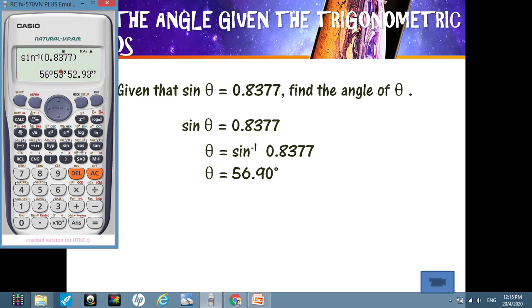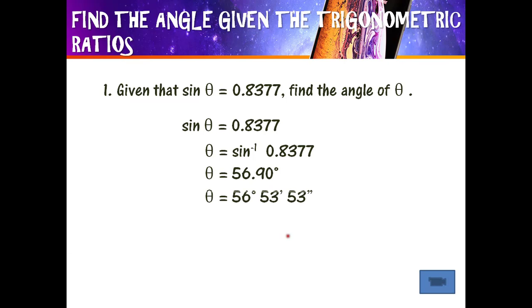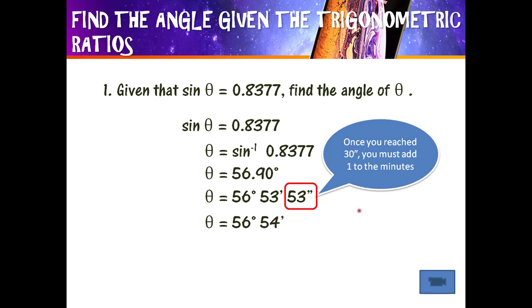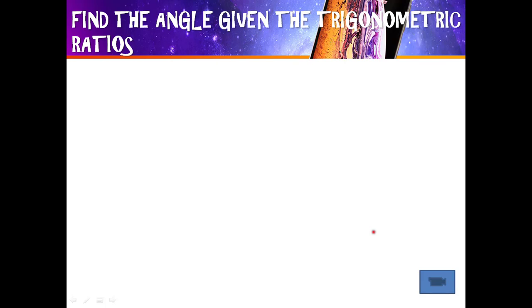Once you reach 30 seconds, you must add 1 to the minutes. So 53 plus 1 is equivalent to 54. So the answer is 56 degrees 54 minutes. The 53 seconds you don't have to show in your answer. Once you reach 30 seconds, you must add 1 to the minutes.